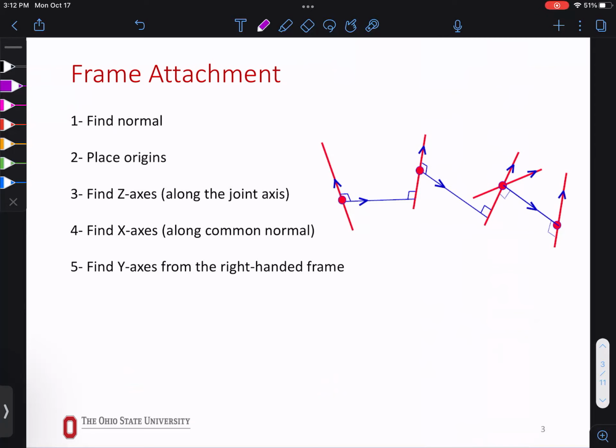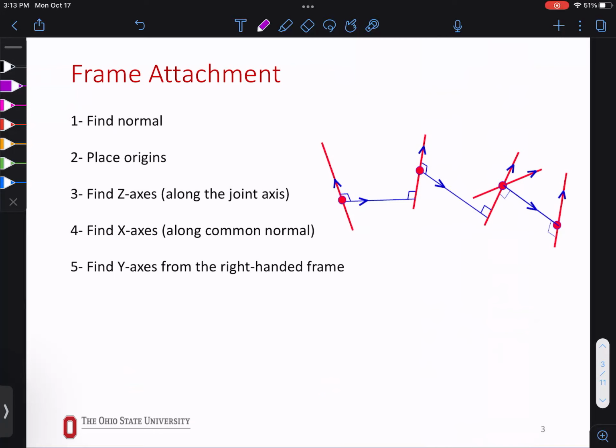Normal is the mutual perpendicular between 2 axes, right? Draw all of those. So you have z-axes, which here are the red lines, and then the normals are the blue lines. So the red ones are your z-axis, the blue ones are the direction where your x-axis would lie on. Now the direction of it might change though, but it will be along that.